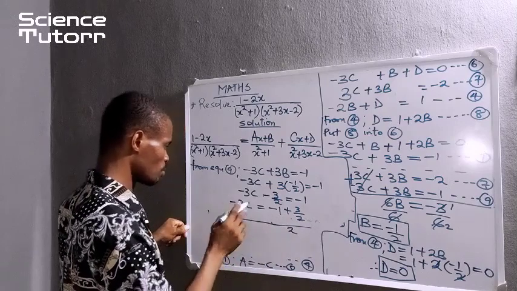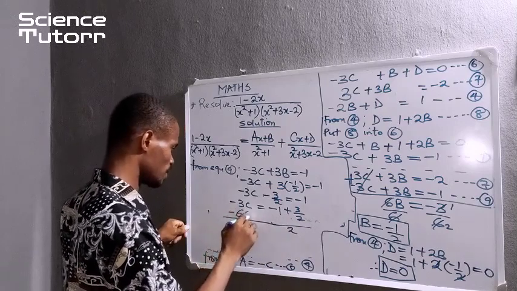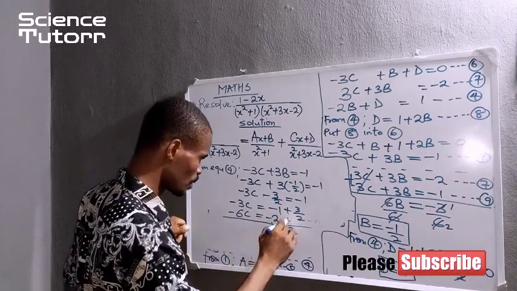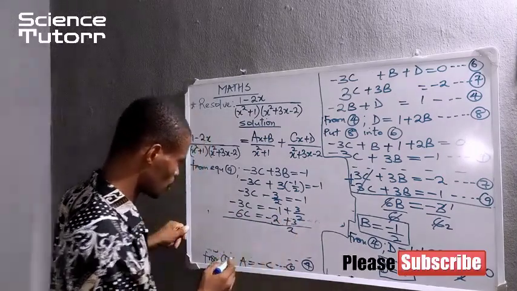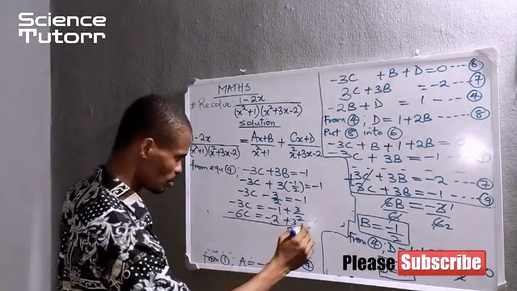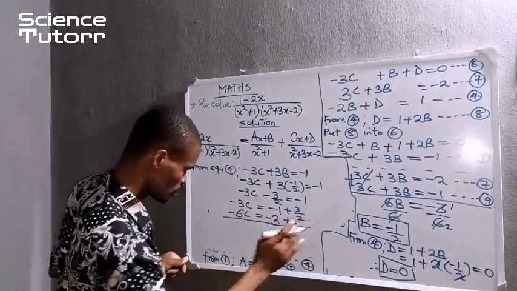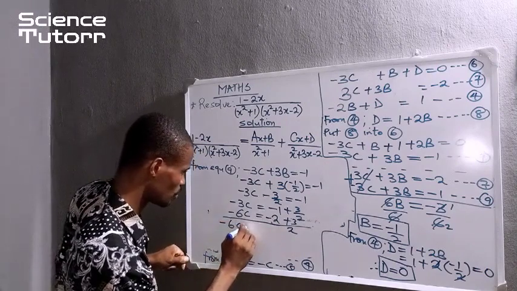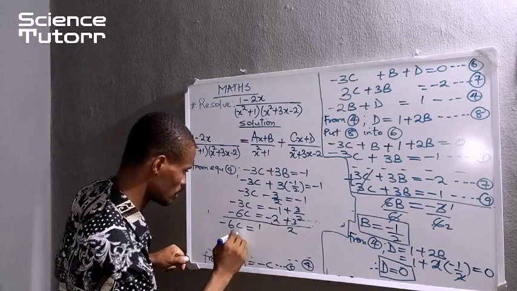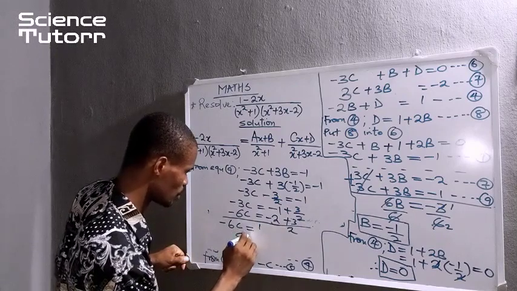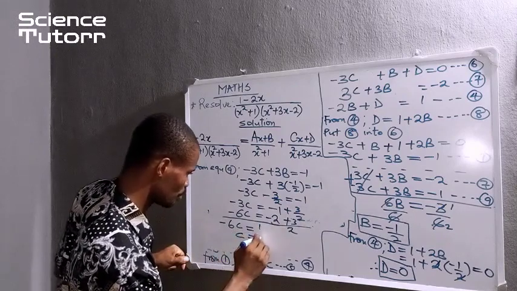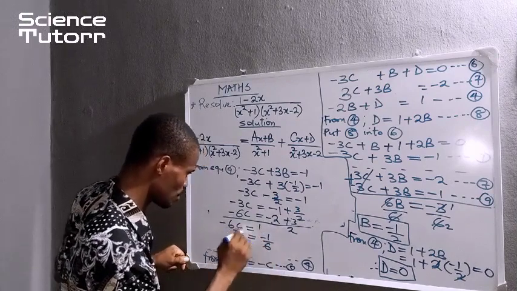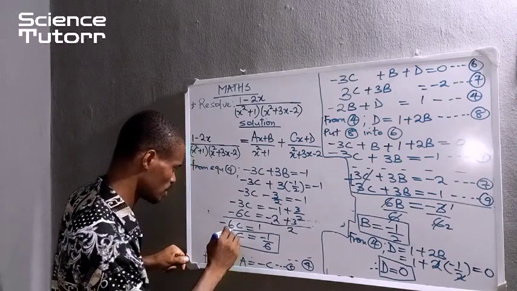So 2 times minus 3C gives us minus 6C to be equal to minus 2 plus 3, which makes minus 6C to be equal to 1. So at the end of the day, C will be equal to minus 1 over 6. We've been able to obtain the value of C.